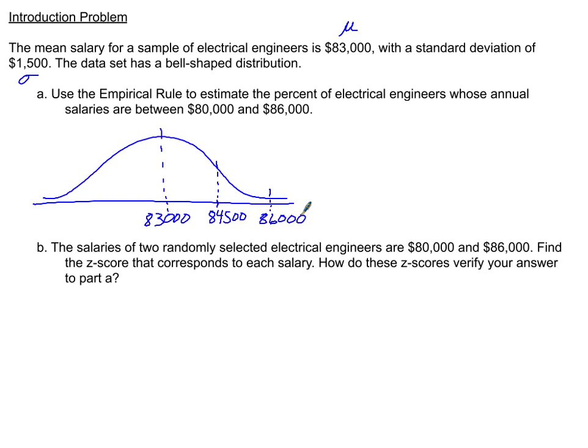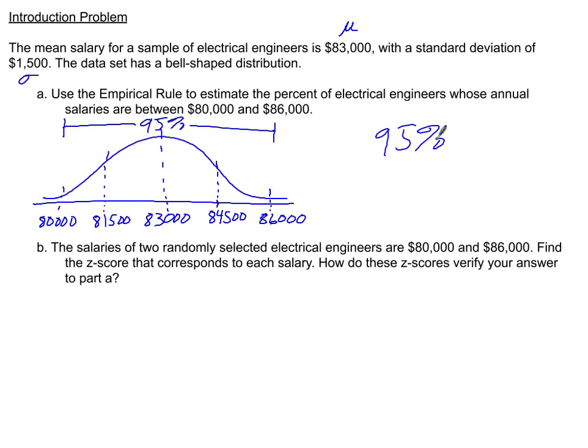And then subtract to get our standard deviation values in the opposite direction. So here we have 81,500, and here we just have 80,000. Right? So using the empirical rule that says that 95% of the data falls within 2 standard deviations of the mean, our answer to part A would be 95%.